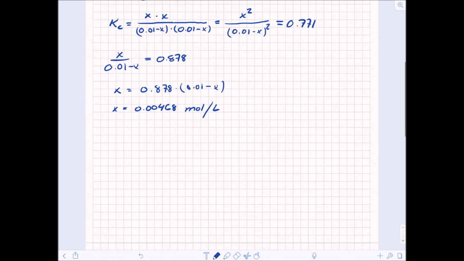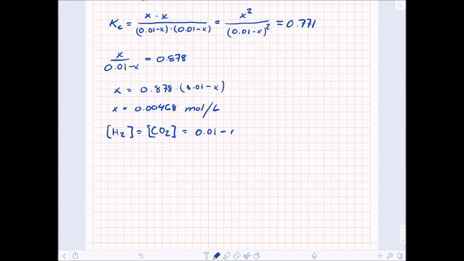And with this we can write the answer to this problem, which is the concentration at equilibrium. Hydrogen gas will be the same as carbon dioxide for the reasons we mentioned before. It will be 0.01 minus x, right?